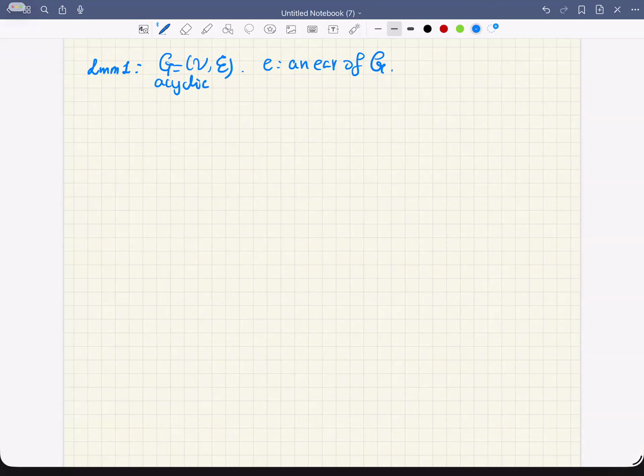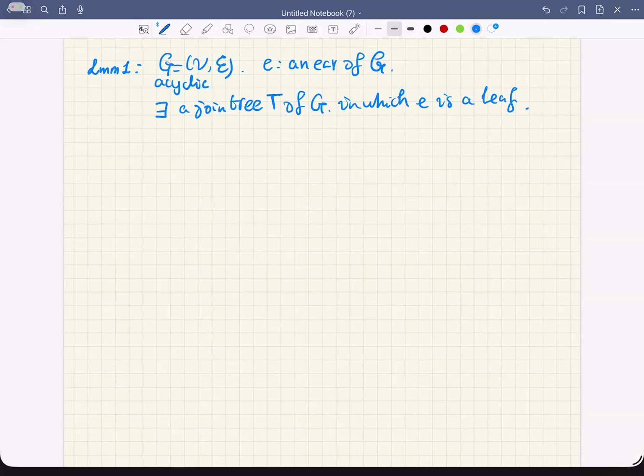So earlier I said you are able to find me a join tree of G where this ear may not be a leaf, right? You witnessed an example before. On the other hand, the following is true: there must exist a join tree T of G in which E is a leaf.